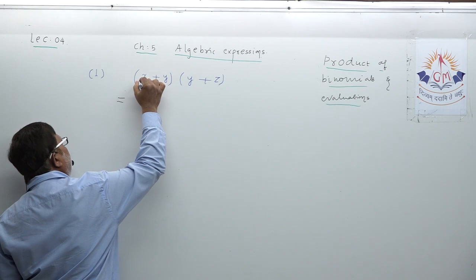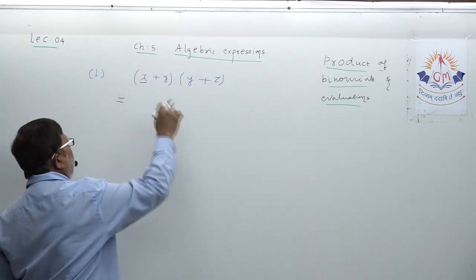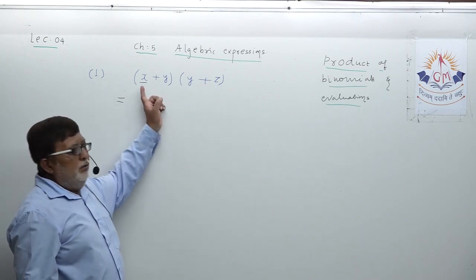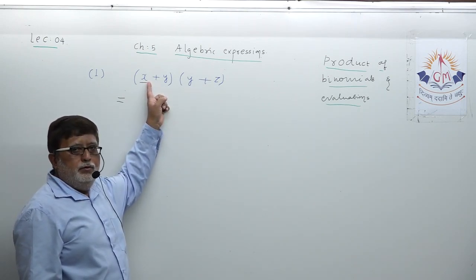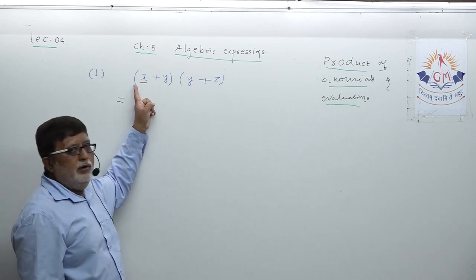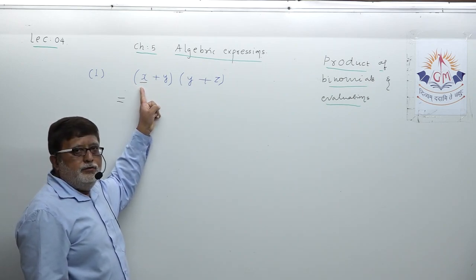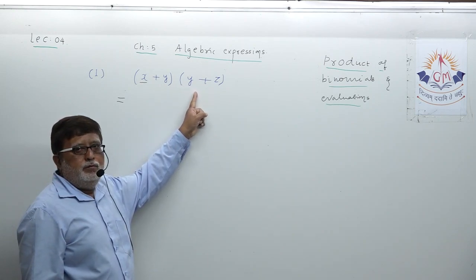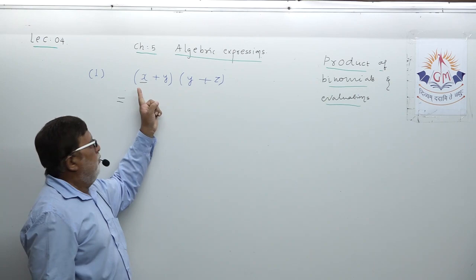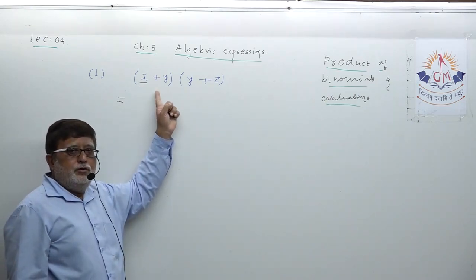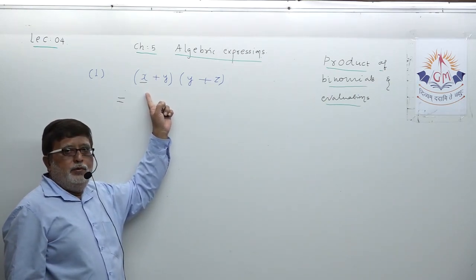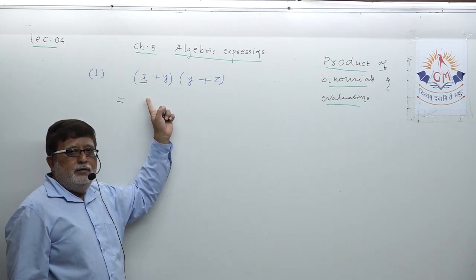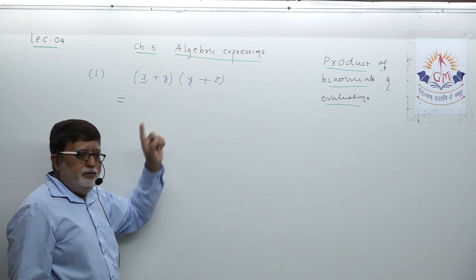First, dear student, you target this term. What is that? x. You have to multiply x with both the terms of this binomial. So first you will multiply x with y and then x with z.